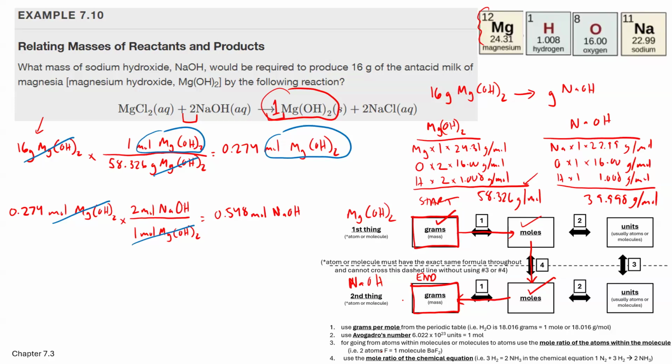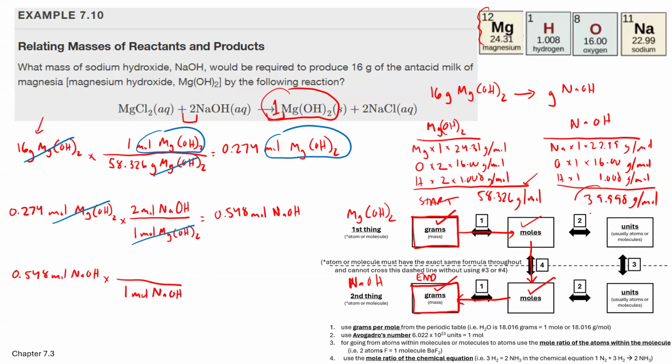Now we're going to do our last step. We're going to use our grams per mole to figure out the grams of sodium hydroxide. 0.548 moles of sodium hydroxide. Now, if you look here, we want the moles on the bottom. So it's 1 mole of sodium hydroxide.